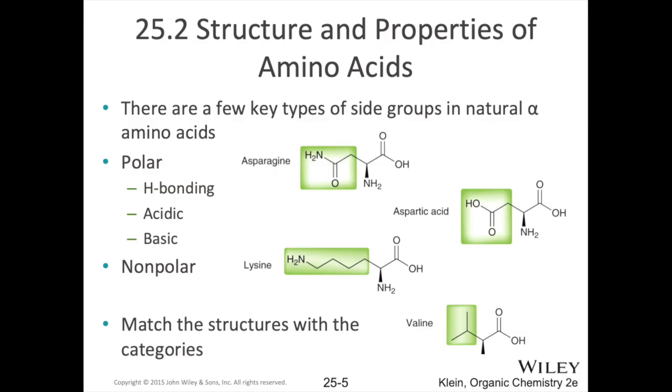We can describe them as groups being acidic if they have a carboxylic acid group, like aspartic acid over here. They could be basic if they have an amine. And if they are neither acids nor amines, but do have some other polar groups or are capable of hydrogen bonding, as we can see here, they're called that.